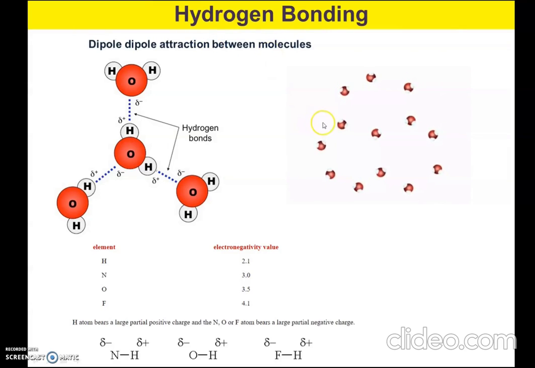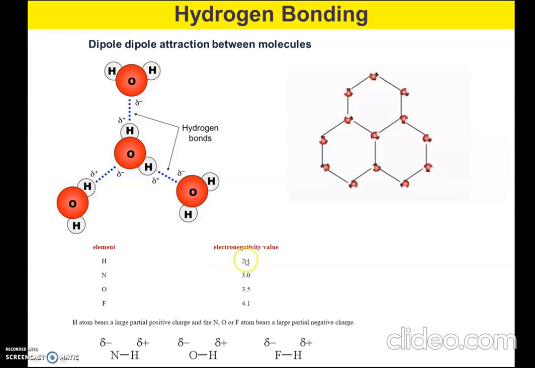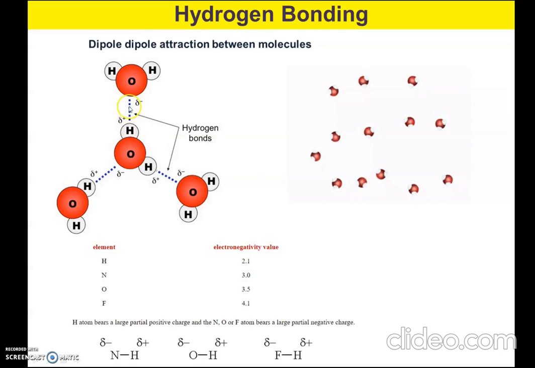Here you can see that hydrogen, oxygen and nitrogen have electronegativity, and so the hydrogen is slightly positive compared to the oxygen, so an attractive hydrogen bond might form, and the molecule might reorient itself accordingly. So when all these molecules come close to each other, they might rearrange themselves in a particular fashion.